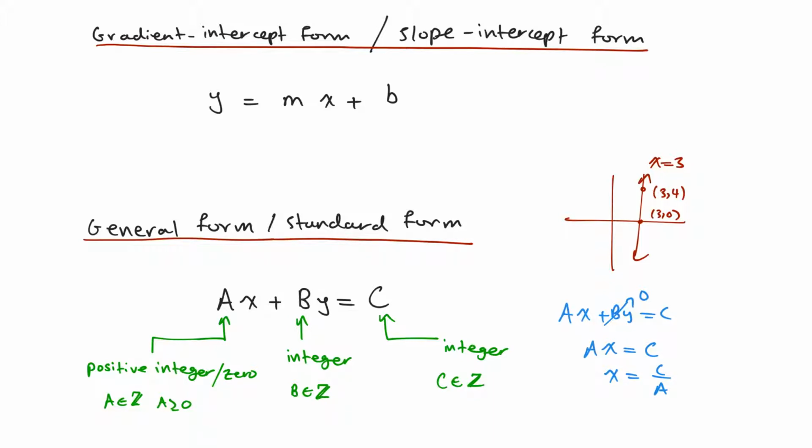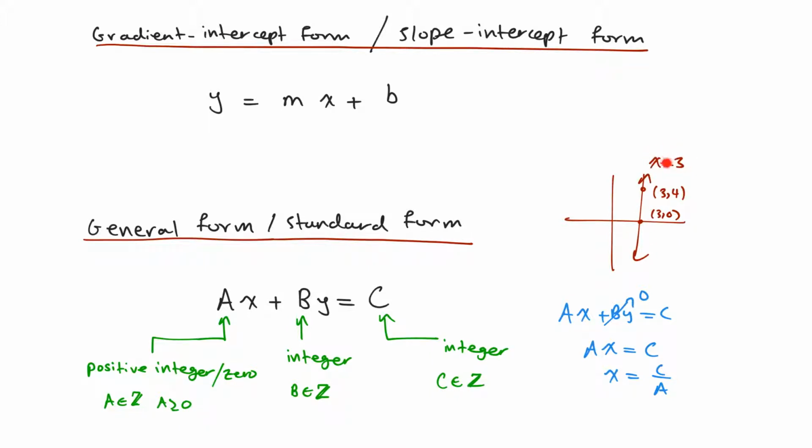If you divide both sides by the a value, ax divided by a will be x, and c divided by a is just c over a. And you can see that with this form of the equation, we can actually explain a vertical line.